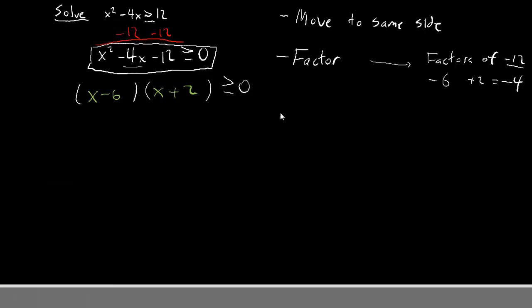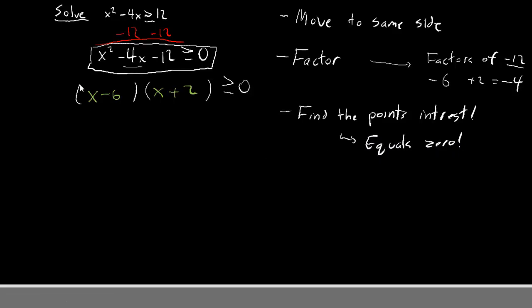Now that we factored, again our third step is going to be to find the points of interest. Again, what I mean by finding the points of interest is anywhere where it equals 0. So we'll have to solve the left-hand piece and the right-hand piece.